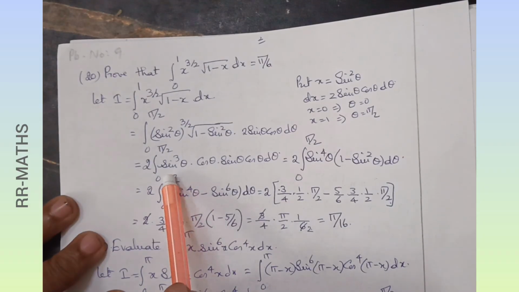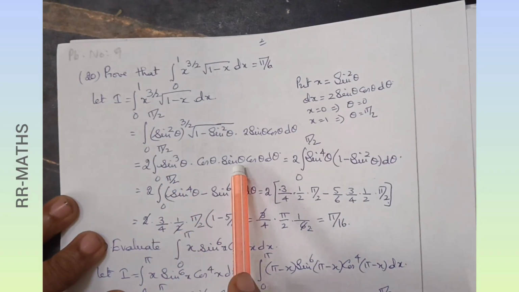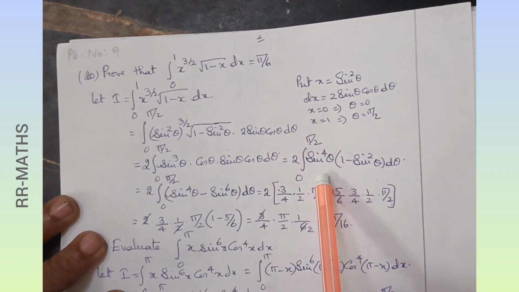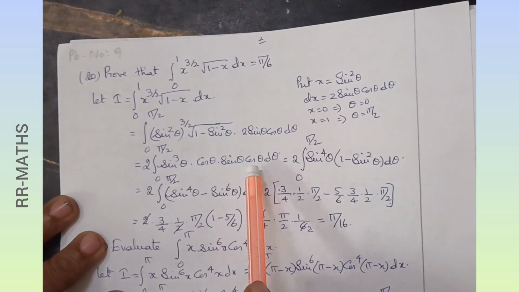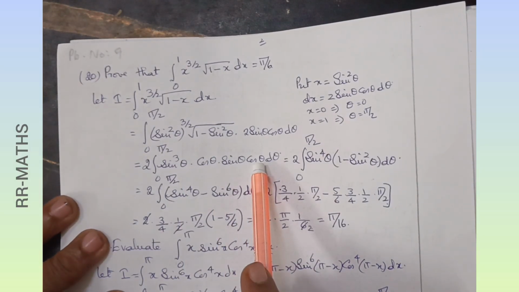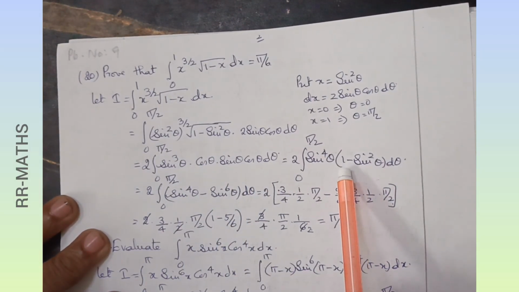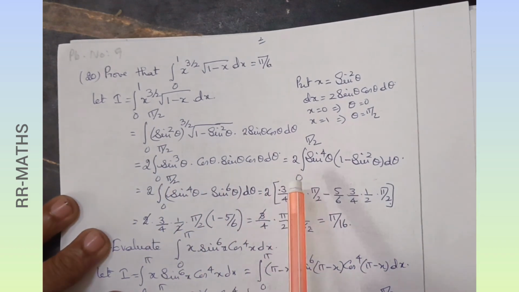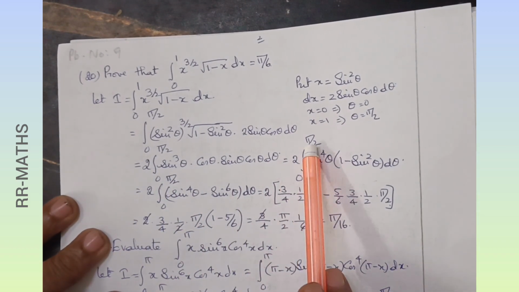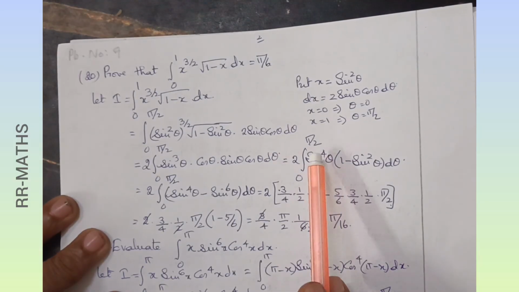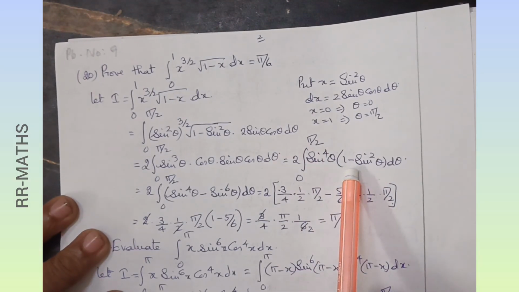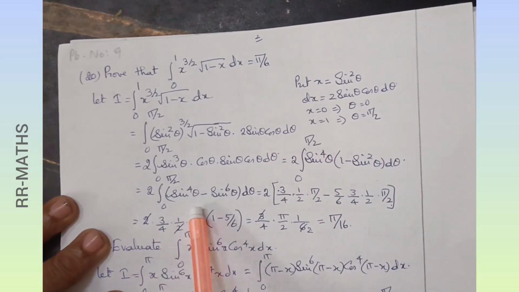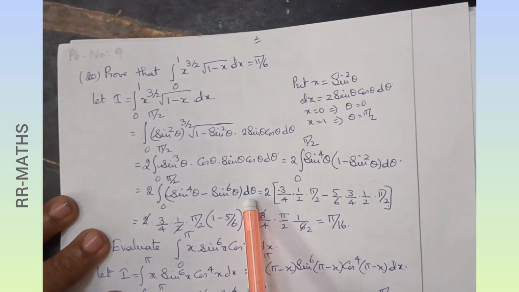So now sine cube theta into sine theta reduces to sine power 4 theta, and cos theta into cos theta becomes cos square theta, which I will simplify as 1 minus sine square theta. So the whole integral now reduces to 2 times integral 0 to pi by 2 of (sine to the power of 4 theta minus sine to the power of 6 theta) d theta.